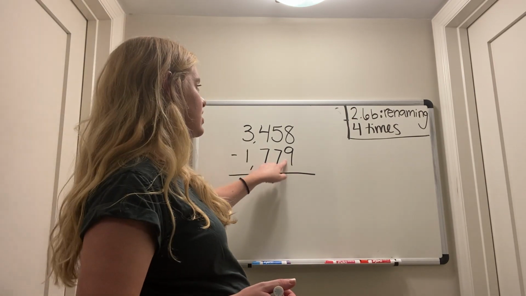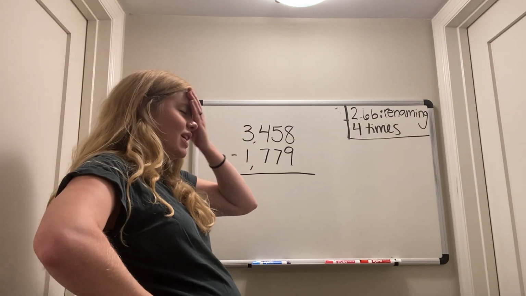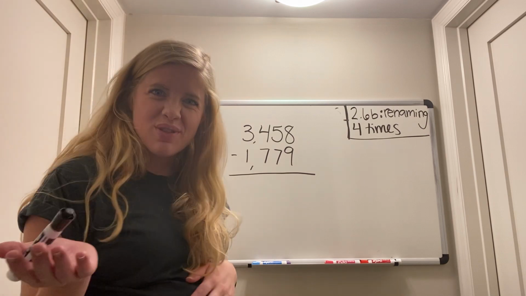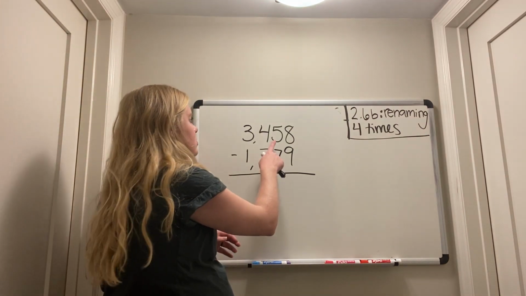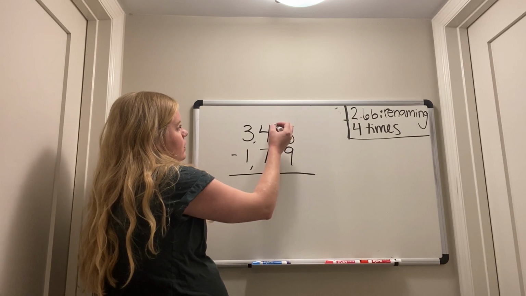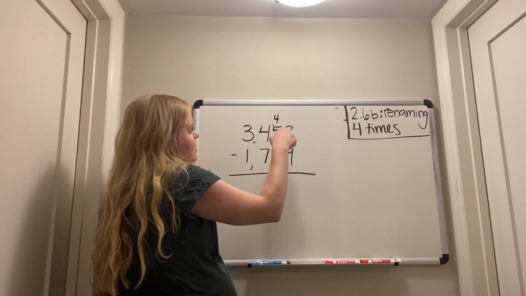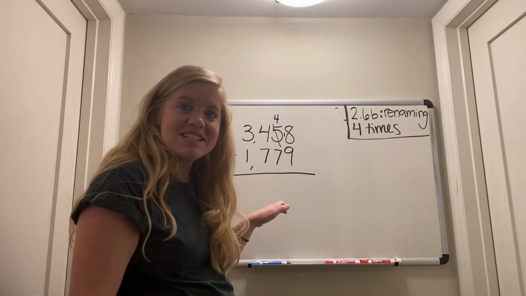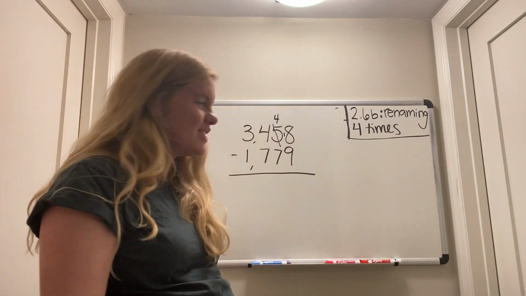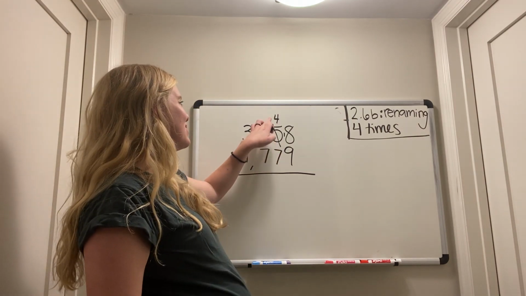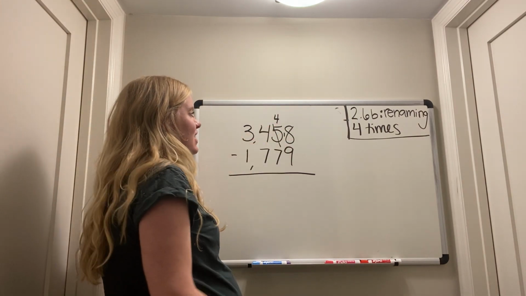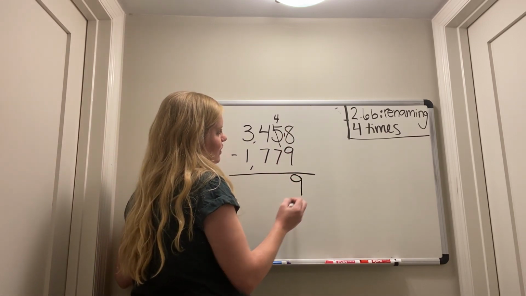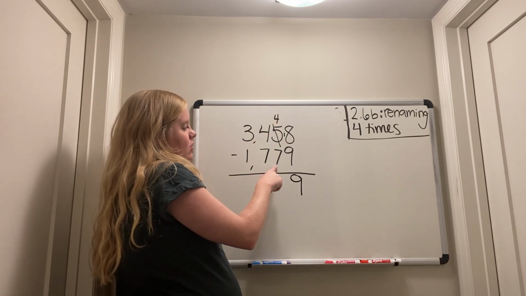You cannot subtract 9 from 8 unless you're going negative numbers, which we don't do in 3rd grade. So we're going to go to the tens place. This 50 becomes a 40. This 8 becomes an 18. Excuse me, I said 180. Silly Mrs. Halverson. 18 minus 9 is 9. Very good.